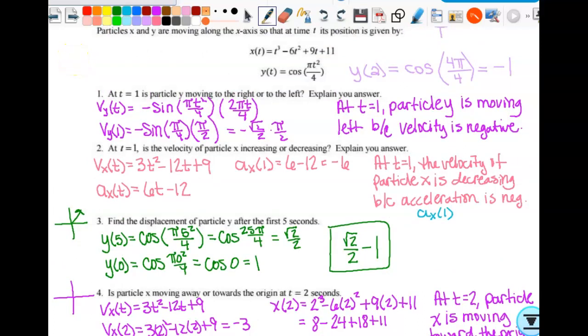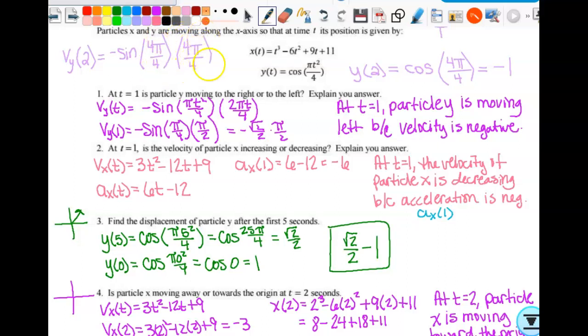So we need to find the velocity. We need to find which direction particle y is moving. So velocity of particle y at time 2. So negative sign. So again, that's going to be 4 pi over 4, and then I'm substituting 2 times, again, 4 pi over 4.